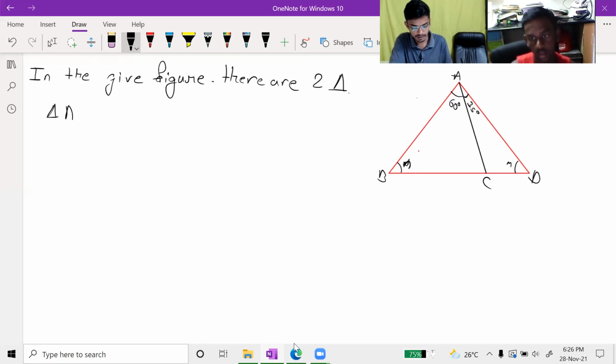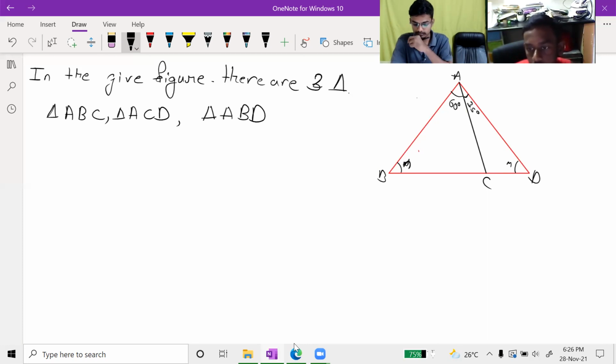Triangle ABC, and triangle ACD. There are 3 triangles, and the third triangle is triangle ABD, the whole bigger one. Yes or no?